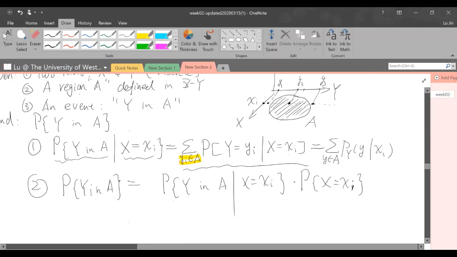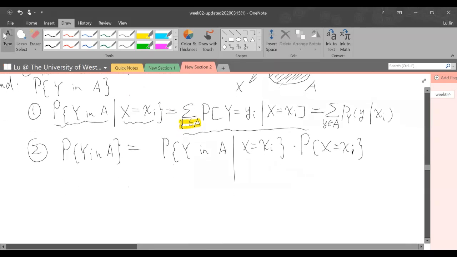Okay, I just want to write a small set of notes regarding this one. So what is this evaluating? This is evaluating the joint probability that y in A and x equals xi. Okay, again, this is still focusing on one single point of xi.